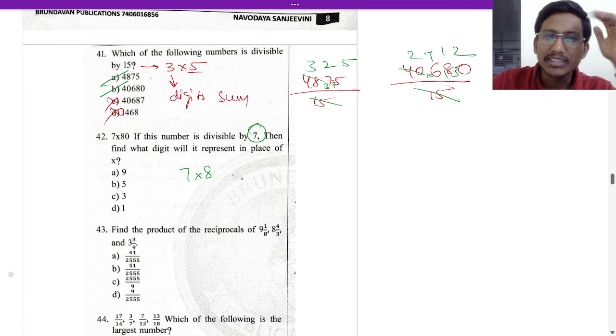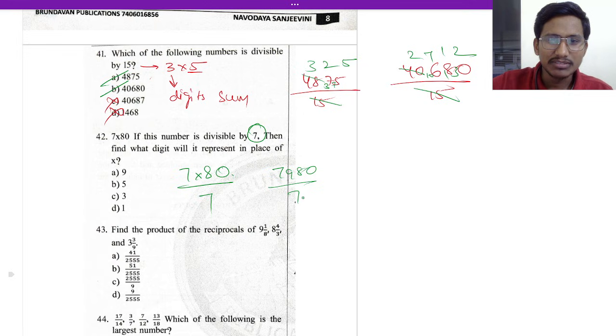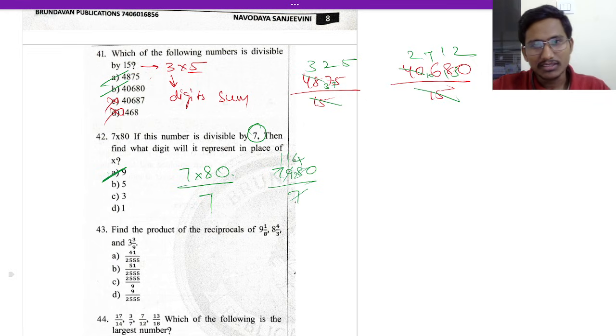So 7980 divided by 7. 7 1s are 7 and 7 1s are 7, 2 will be remaining, 7 4s are 28, that is divisible. So that is option A will be the answer.